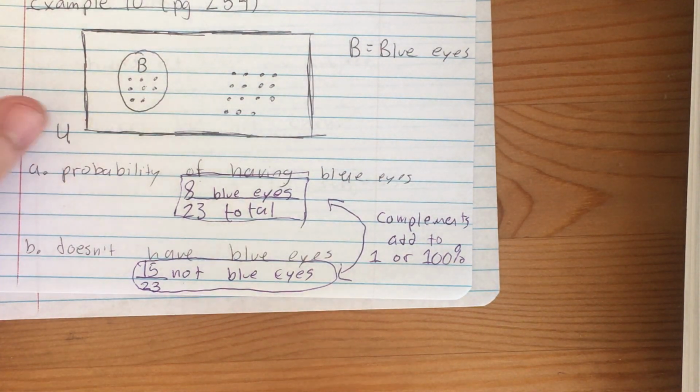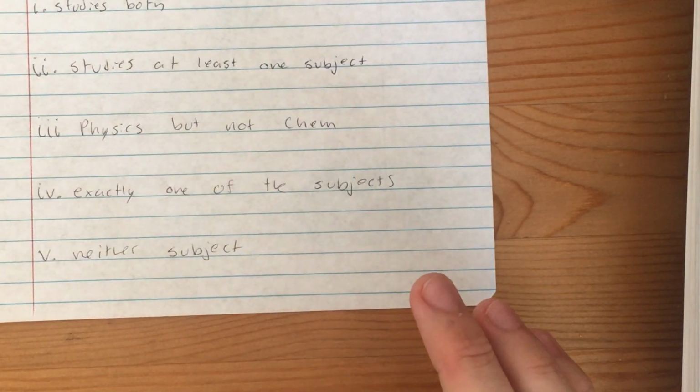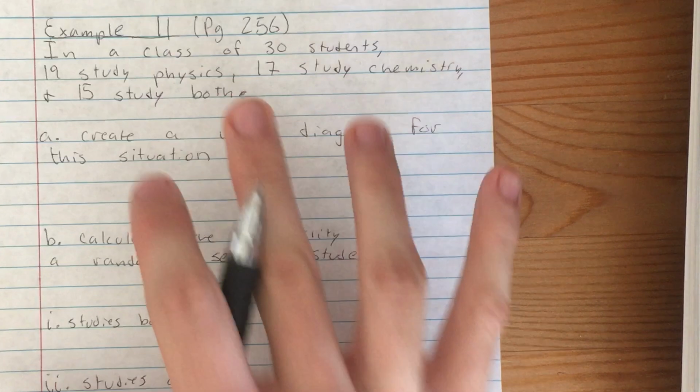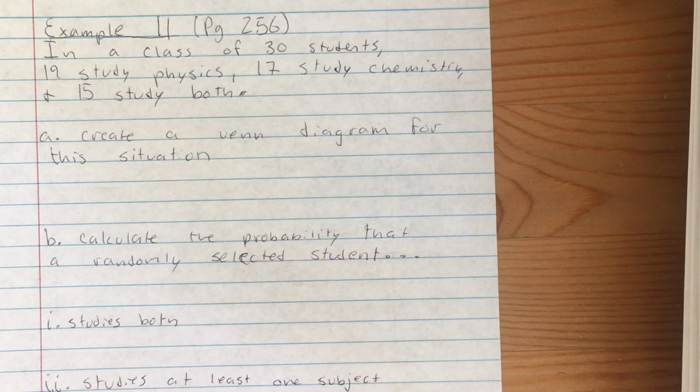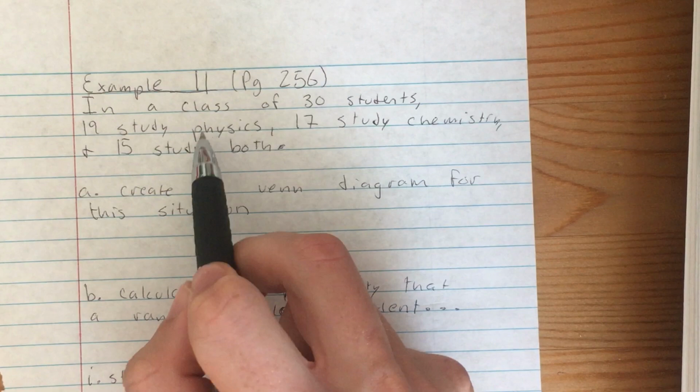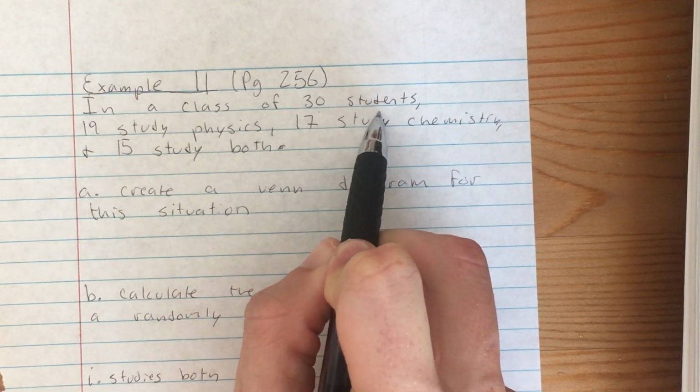And so we're going to look at just another example for theoretical probability, and then we'll be wrapped up on theoretical probability for the day. So this is example 11 here. We've got a class of 30 students.